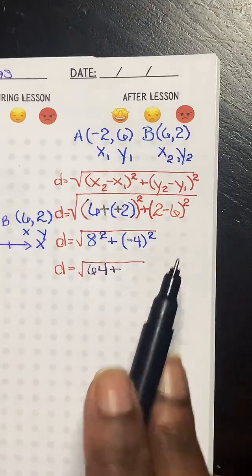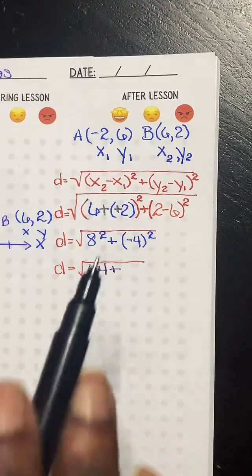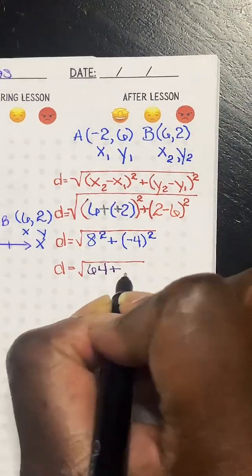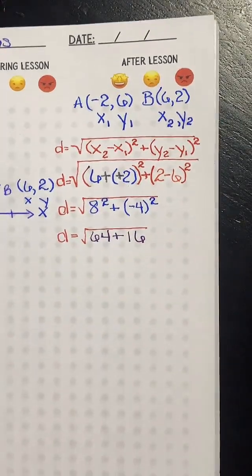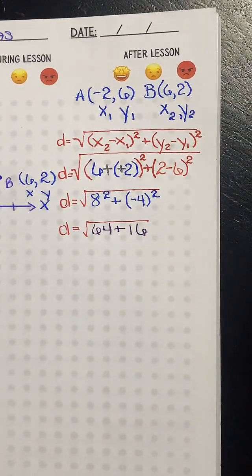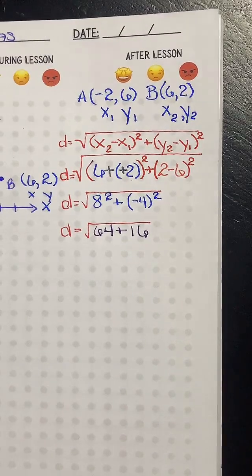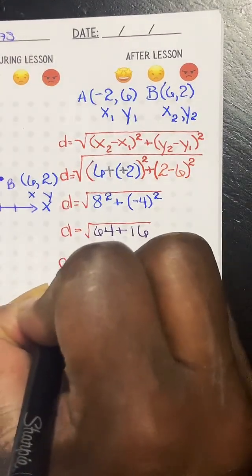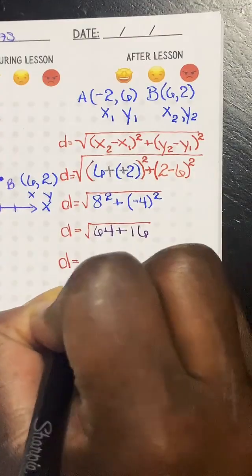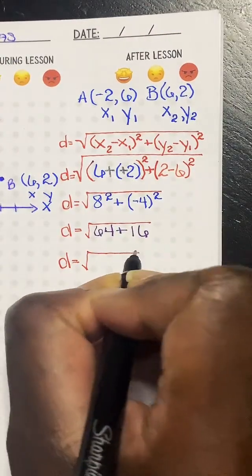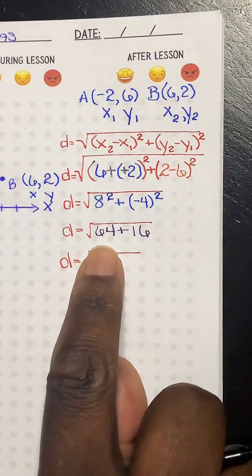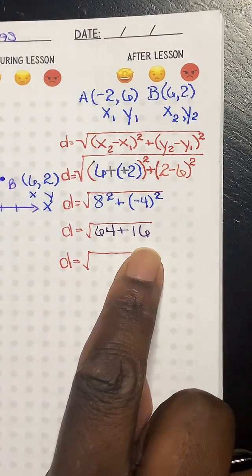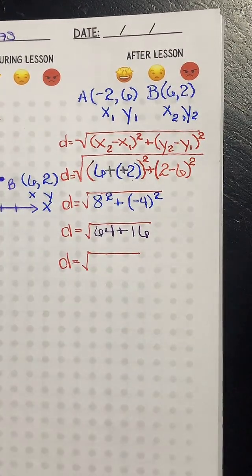So a negative times a negative will give me a positive, and 4 times 4 will give me 16. Okay, so now let's clean it up some more. Okay, so now we got 64 plus 16. That will give me 80.